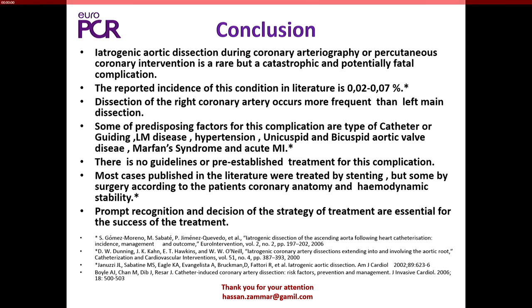My colleague started to cannulate the left main, and that was the first angio. At the end of the diagnostic procedure, I repeated the angio views. There was no dissection, so it was surely caused by the EBU.